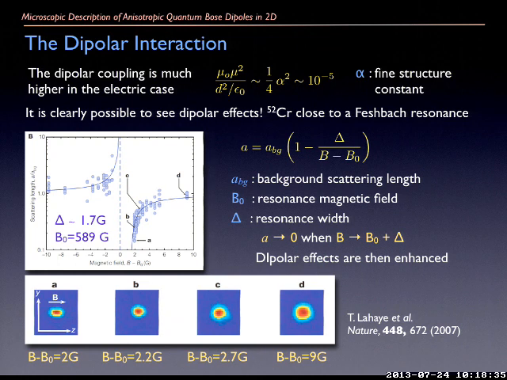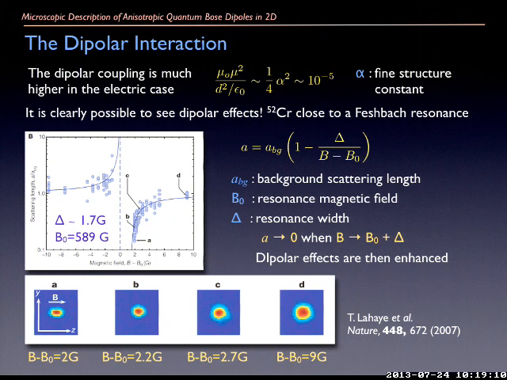In a Feshbach resonance, when you move close to it, the scattering length of the interaction can be written essentially like that. This is the background scattering length, which would be the scattering length of the two-body interaction when you are far from the Feshbach resonance, times 1 minus Delta, the width of the resonance, over B minus the resonant field B0. Typically you are at the Feshbach resonance when B equals B0, so the scattering length diverges.